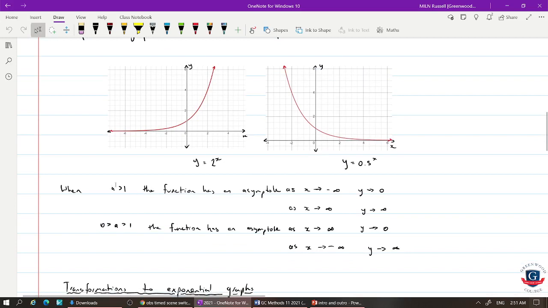Now, the growth equations have a constant ratio that's greater than 1. So multiplying by 2, multiplying by 3, and so on. If the ratio is between 0 and 1, like a fraction, a half, it will decrease. Repetitively we're halving it, or quartering it, or thirding it, or some value between 0 and 1.